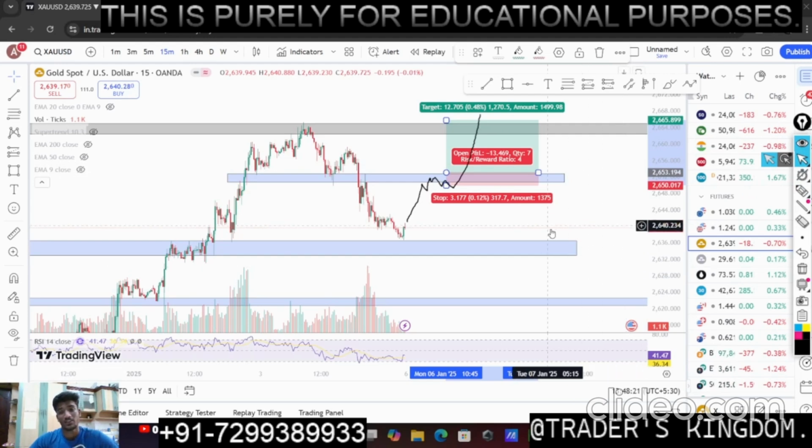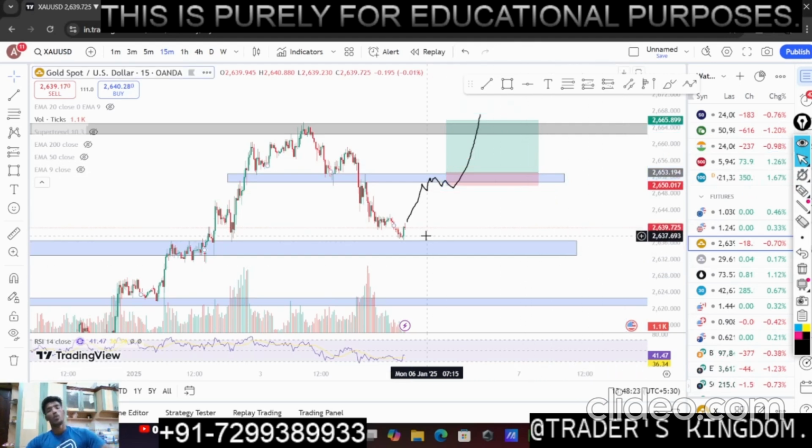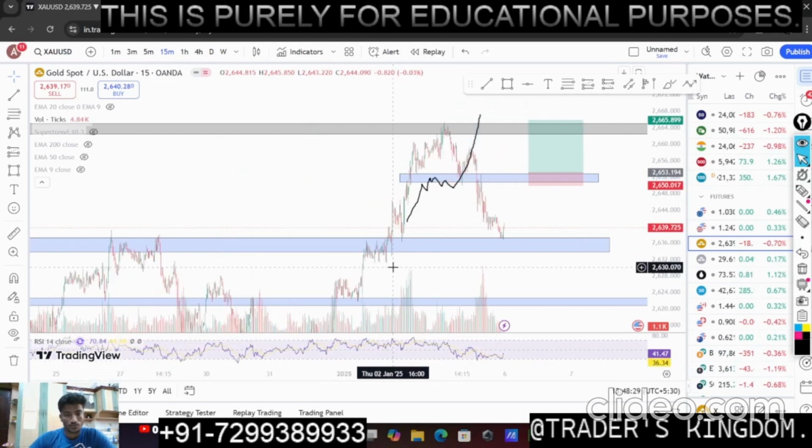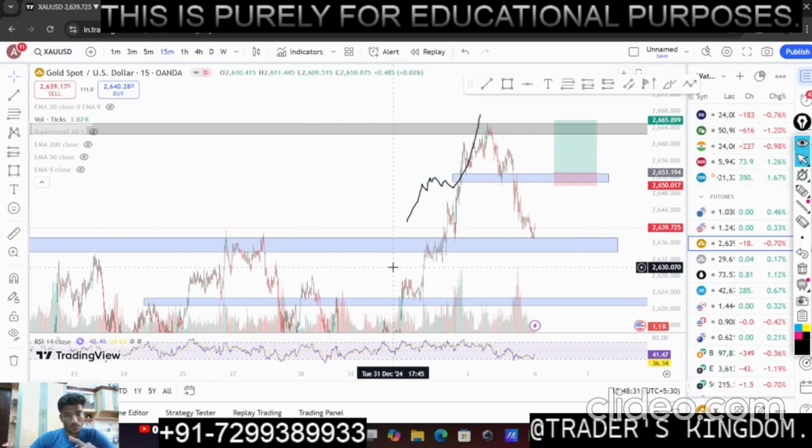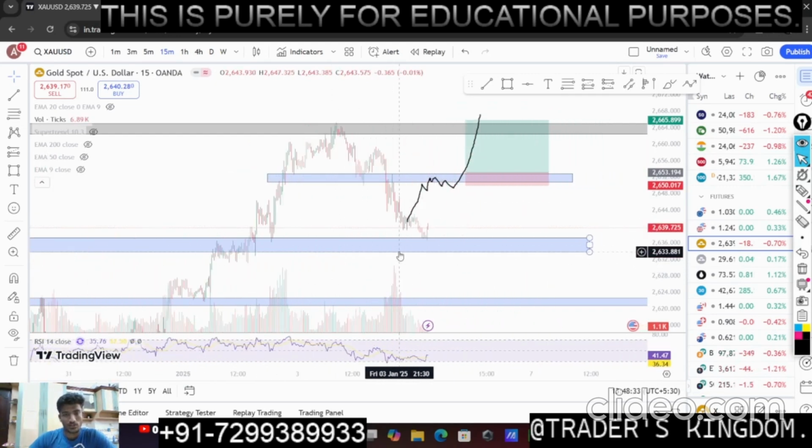Now the second plan, for the bearish side, what can potentially happen? It has come back to the support. This is a breakout zone, right? This is a breakout zone. It has come back to retest.